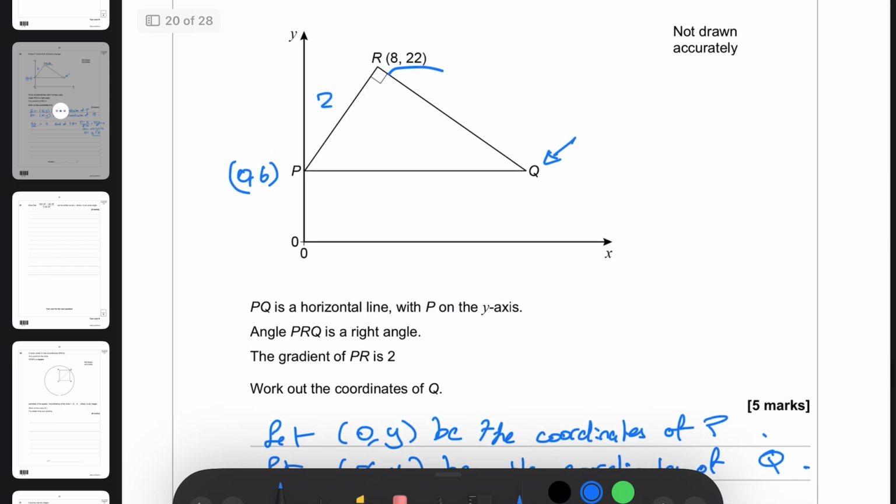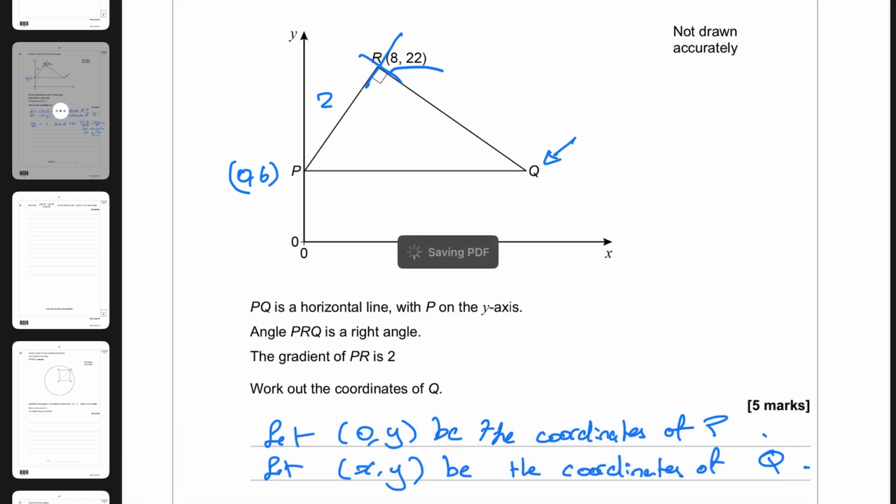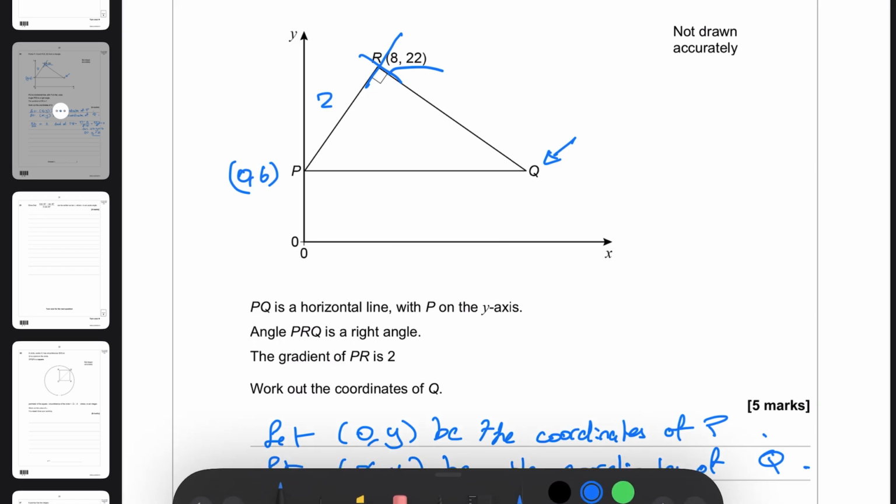So remember from class that when you have 2 lines with perpendicular gradients, their gradients are related in that they are the negative reciprocal of each other.